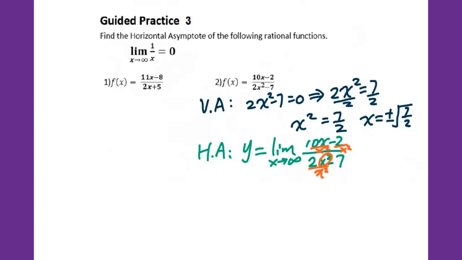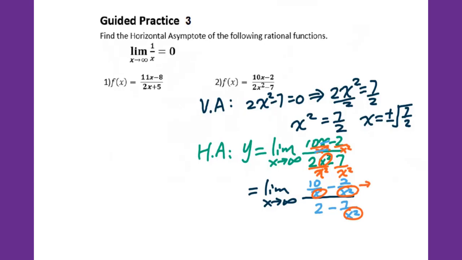You will get the limit as x tends to infinity of 10 over x minus 2 over x squared, over 2 minus 7 over x squared. To simplify, whenever you see x in the denominator, it goes to 0.